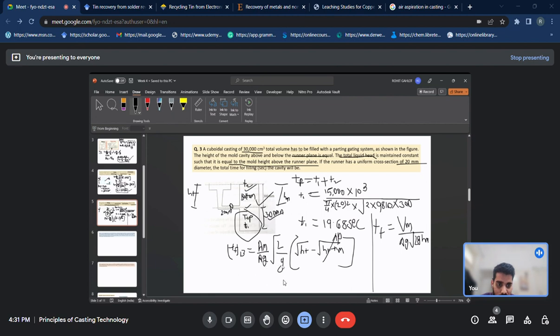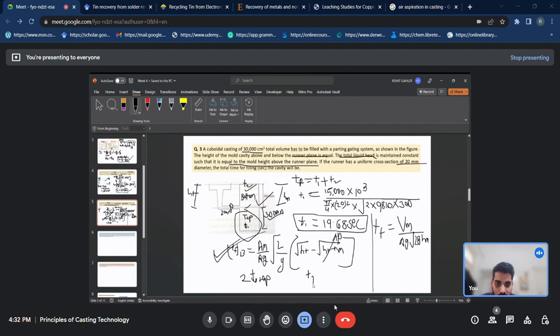Here Ag is the same, and then root 2g hm will come. As hm and ht are the same here, this will be twice of this top gating system filling. So we can directly do twice it, or we use this formula also, and we'll get the same thing.